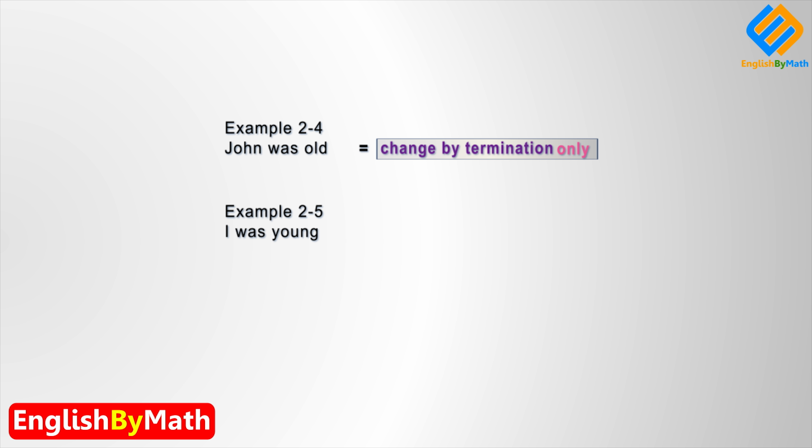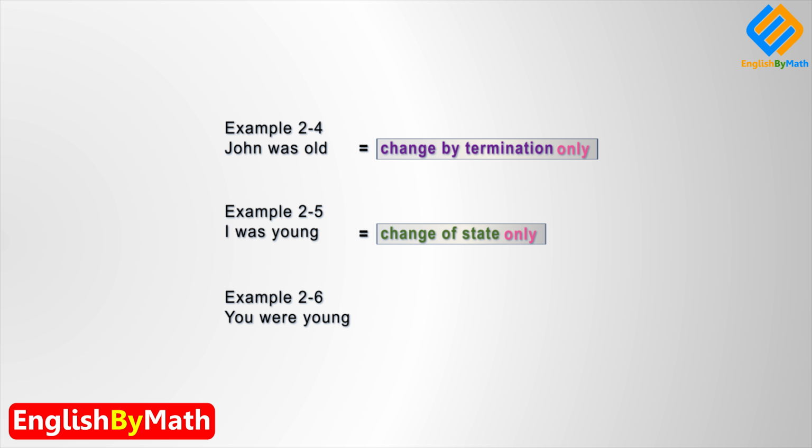I was young. In contrast to example 2.4, in example 2.5, only temporary change or change of state is allowed. We only understand that the speaker, I, is now old. This is because the speaker cannot be dead and speak at the same time.